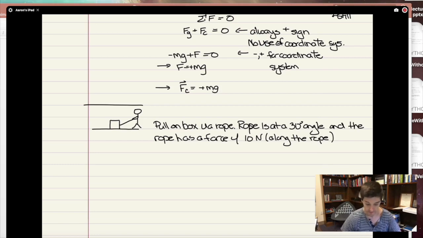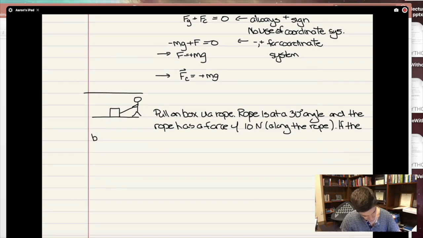And it points along the rope. If the box is 5 kilograms, what is the horizontal acceleration?